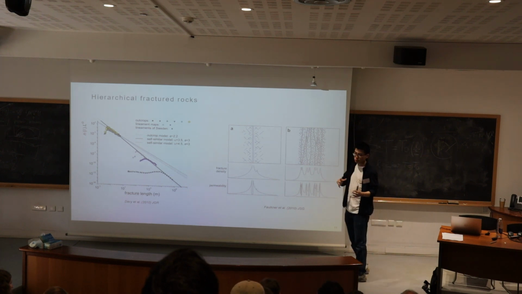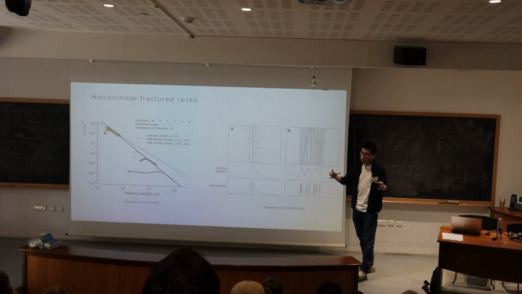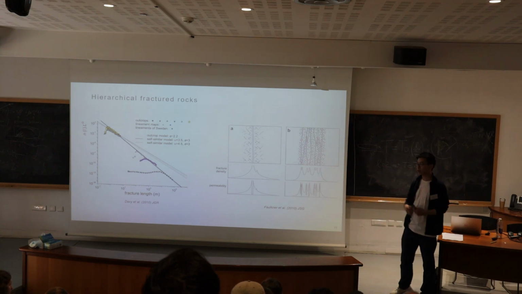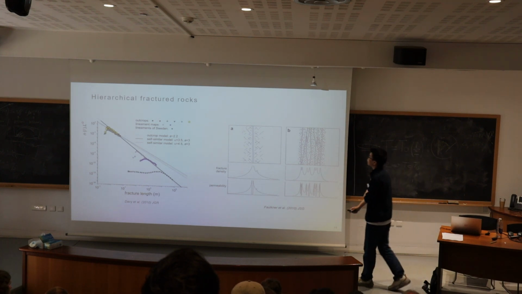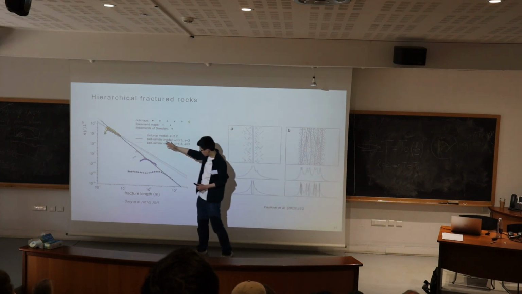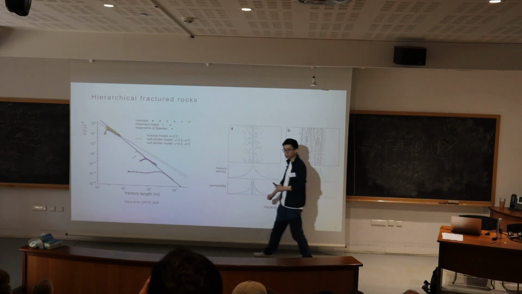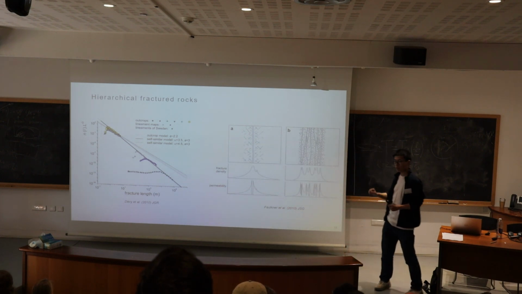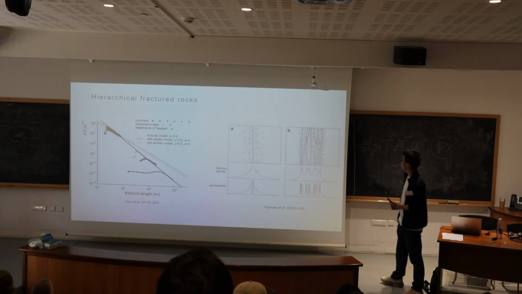For example, tectonic movement, which stresses the original rock and causes the faulting and also the fracturing inside the rock. And here is an analysis of the fracture length distribution, which shows a nice power law distribution, which indicates a strong fractal behavior of the rock mass.